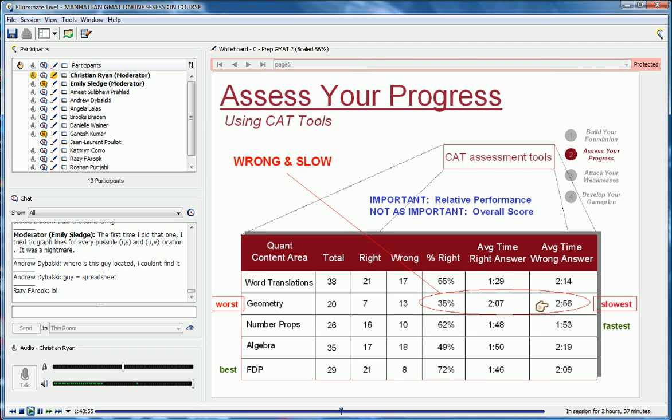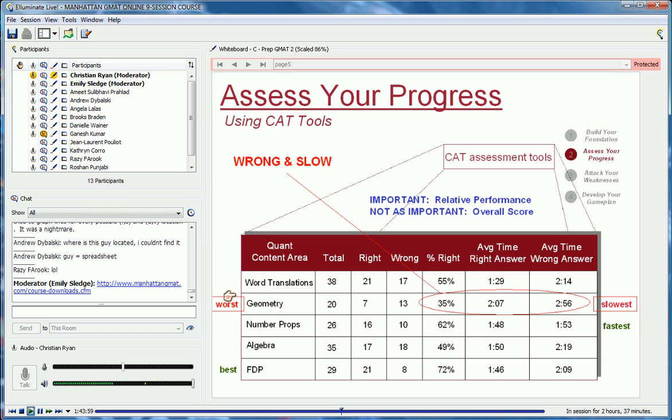So I want to make sure that I spend some time working on geometry. Now, I've only just gotten into geometry, so thank you, Emily. I've only just gotten into geometry, so don't overstress if you've been behind in that area. That's fine. Do not worry so much about your overall score. Worry about relative performance and attack your weaknesses.